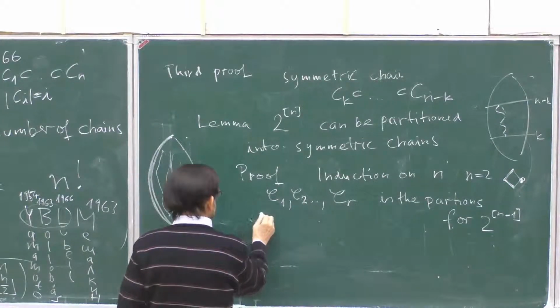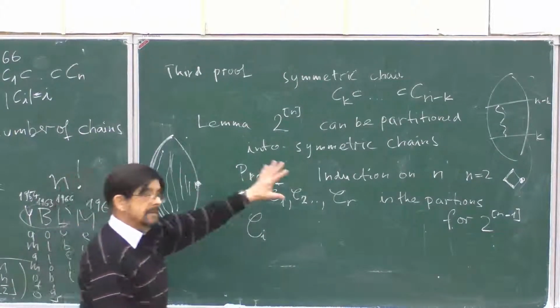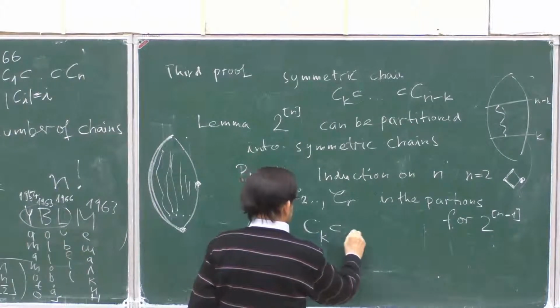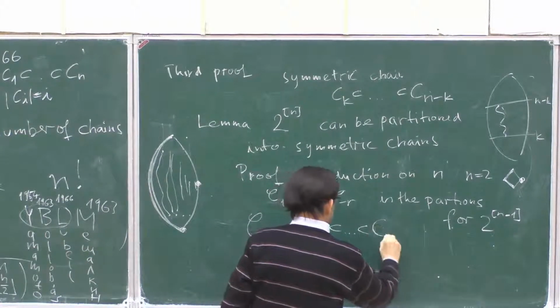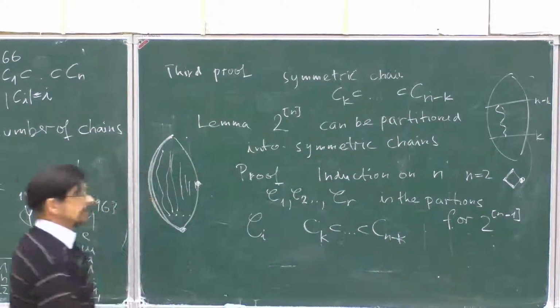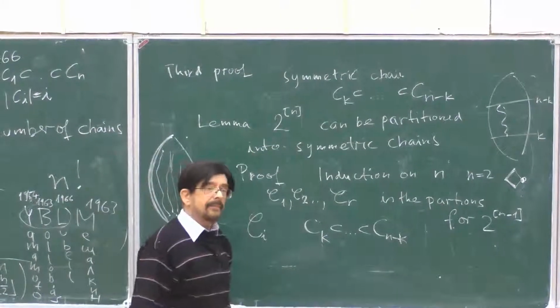From each Ci, one chain, we make 2 new chains.